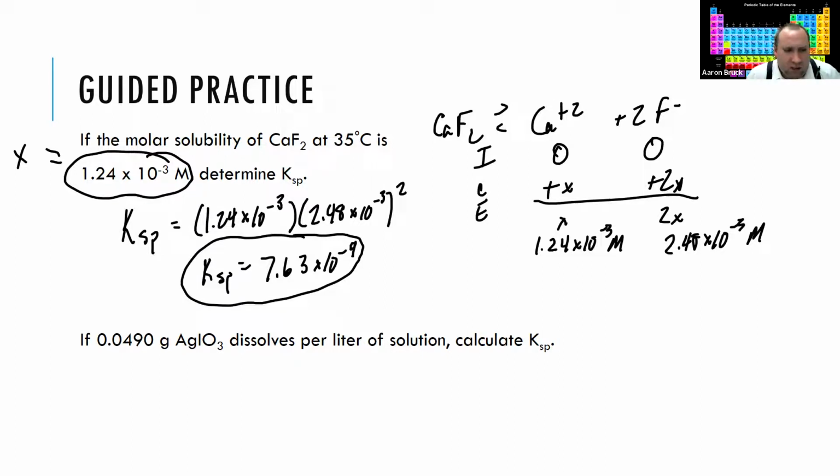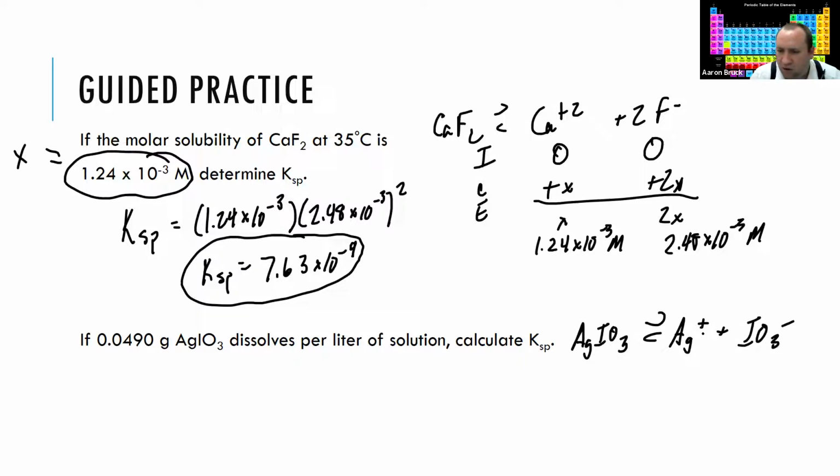In our second one, we've got 0.0490 grams of silver iodate dissolving per liter of solution. What is the KSP? Well, let's start with an equilibrium expression. And this one is pretty straightforward.